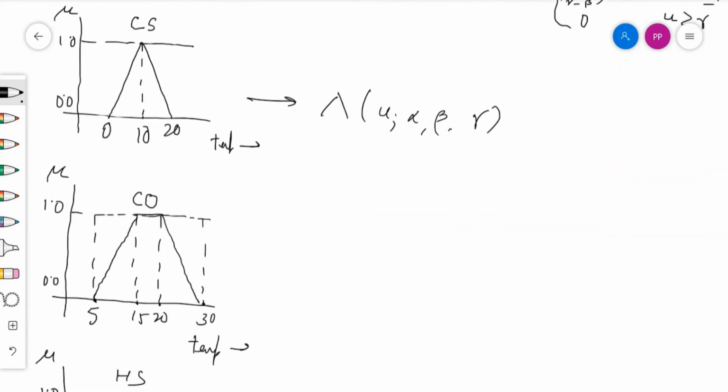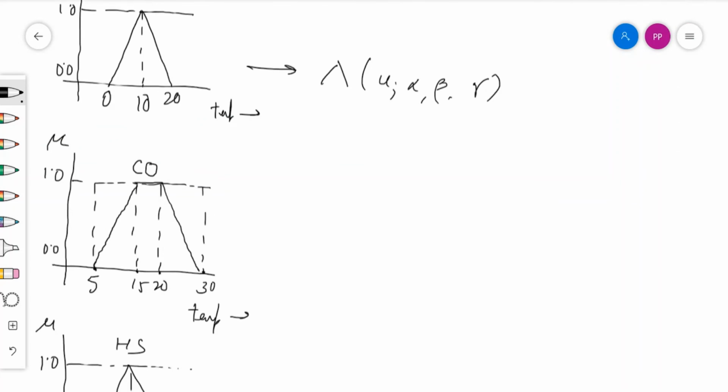Again here in the figure we see that this is a trapezoidal shape. Because of its trapezoidal shape, it got a special name called capital pi. Here the function we define is capital pi mapping from capital U, that is the domain, to the range 0, 1, the closed interval.